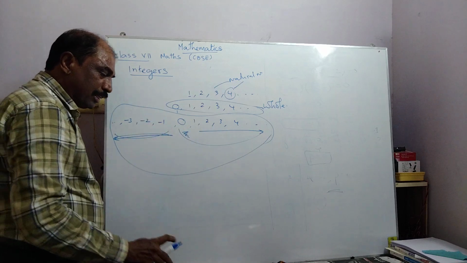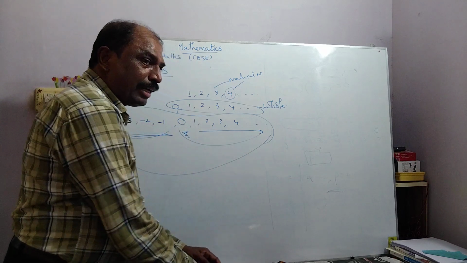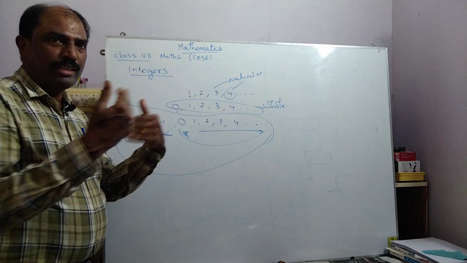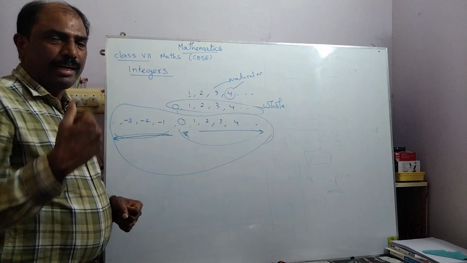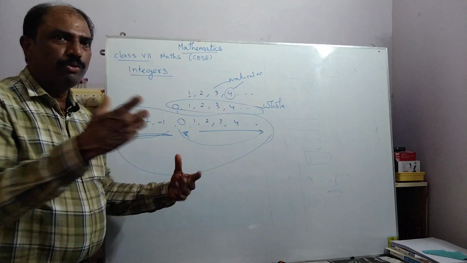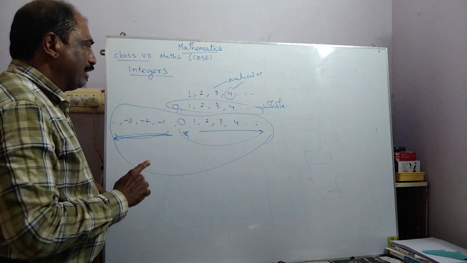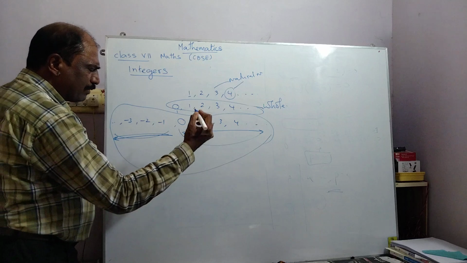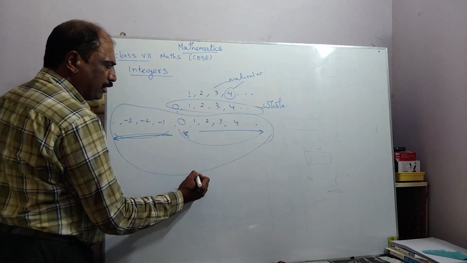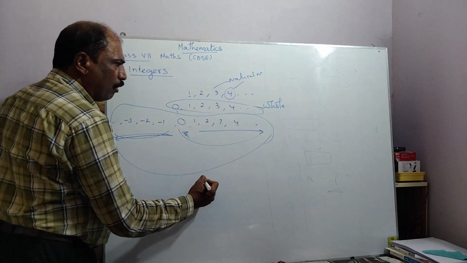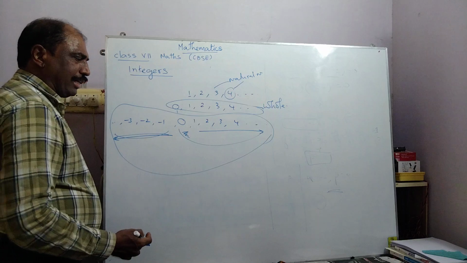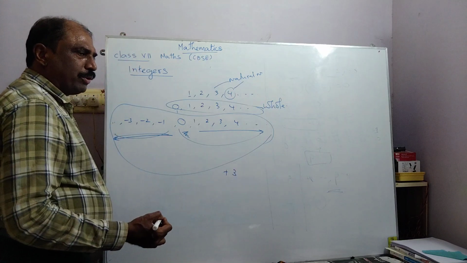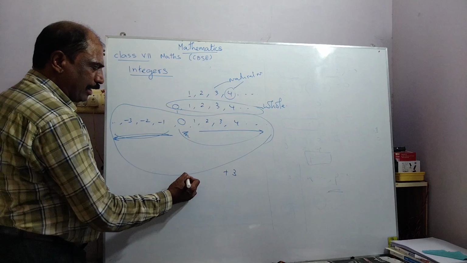The purpose is just to make the concept clear: this side or that side, to give or take, to put or remove. As we said already, if a person is asked to go 3 kilometers to the right, it is plus 3, and 3 kilometers to the left, say minus 3.